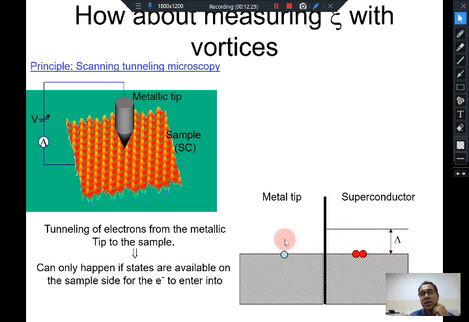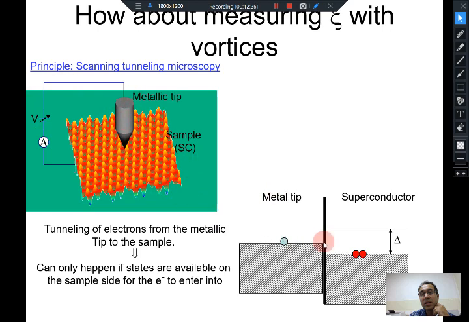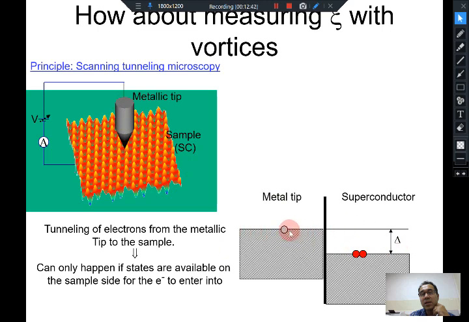So what you do is apply a bias voltage between the tip and the sample. By applying a bias, you change the location of the Fermi level. If you can align the Fermi level of the tip with the empty states of the superconductor, then electrons will hop from here to here.